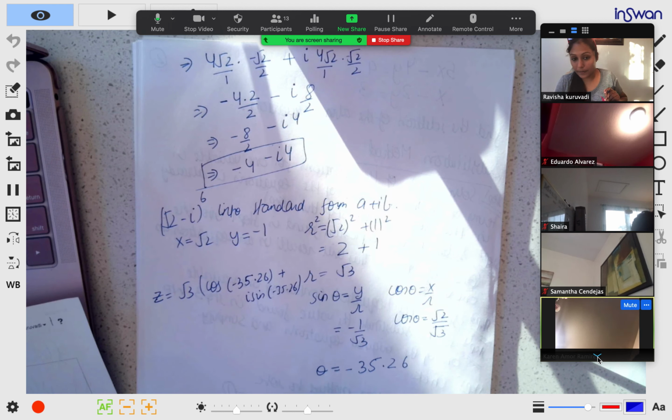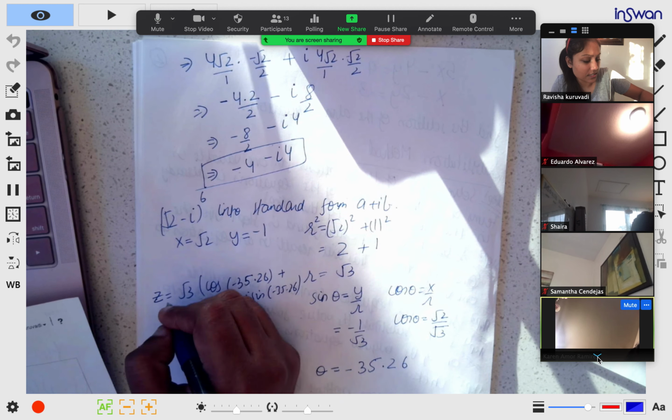You got this, right? Okay, now what you have to do is take it to the power of 6. Since you have to find the sixth power, what do you get?